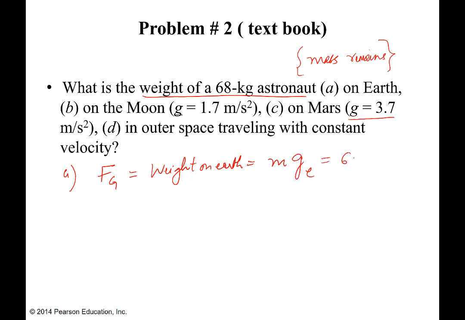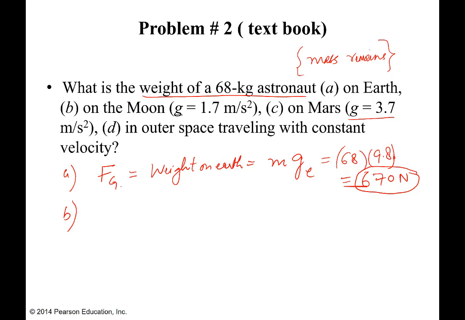When you substitute 68 kg and multiply it by 9.8 meters per second squared, that comes out to be 670 newtons. So the astronaut on Earth weighs 670 newtons.